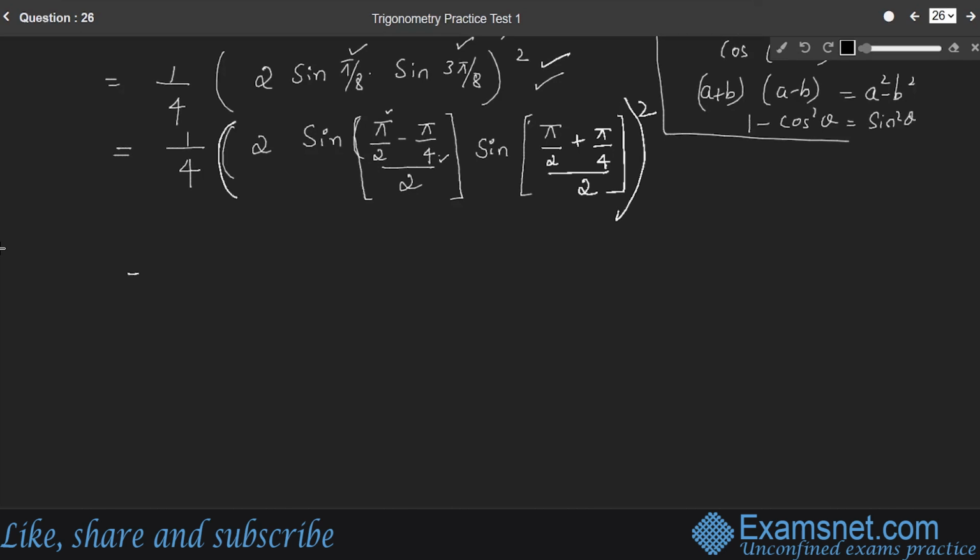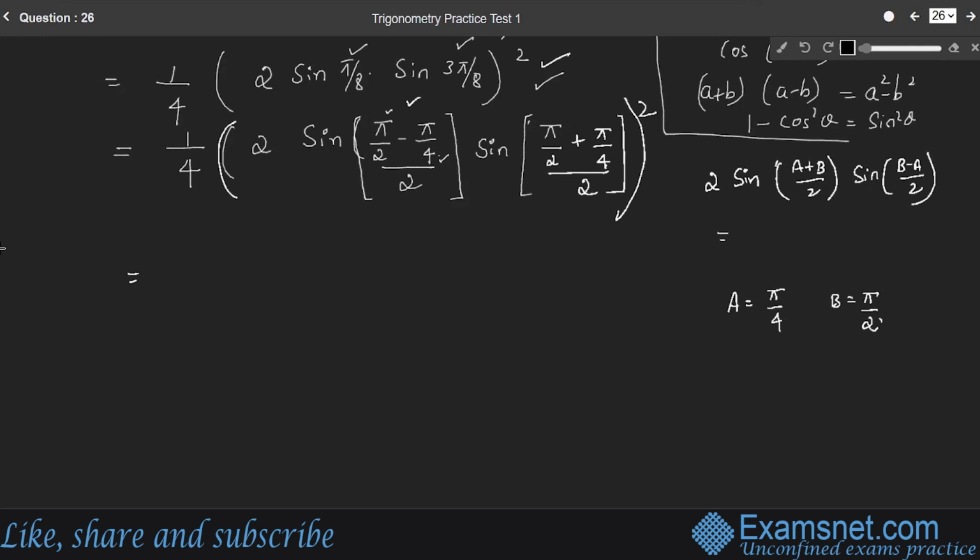Inside the bracket is in the form of 2 sine a plus b by 2 into sine b minus a by 2. Right? If we take a as pi by 4, b as pi by 2, so b minus a becomes pi by 2 minus pi by 4.